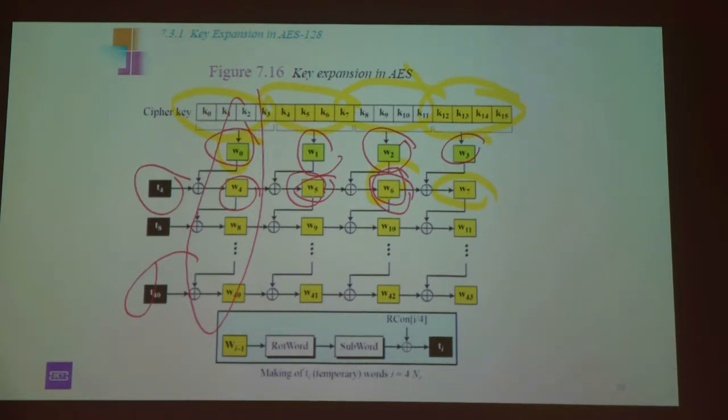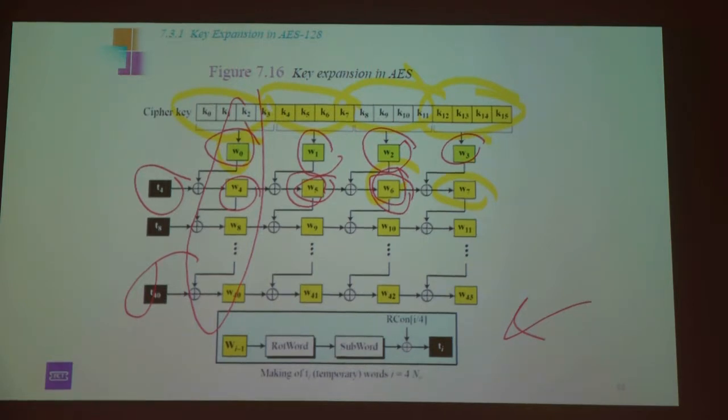Look in here. What you do is take word i minus 1. So for example, if I need to calculate word 4, what is word i minus 1? 4 minus 1 means word 3.